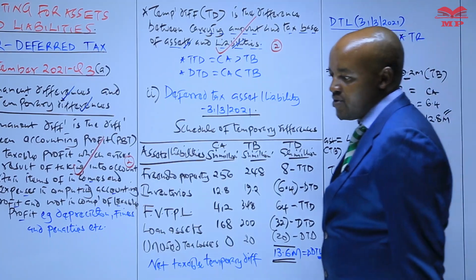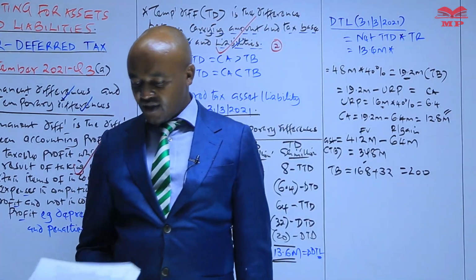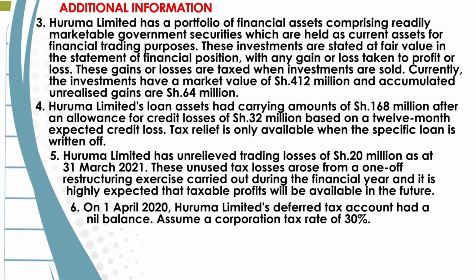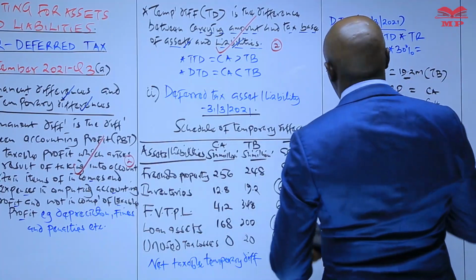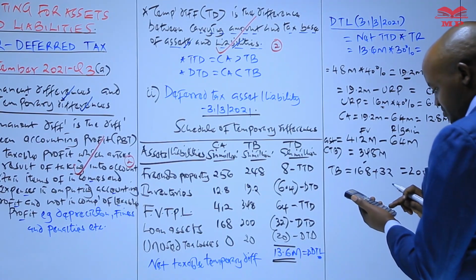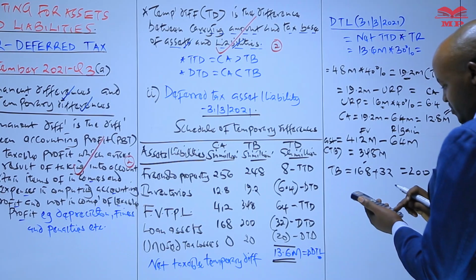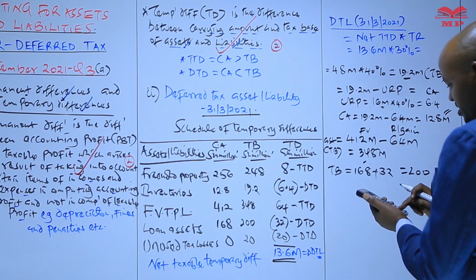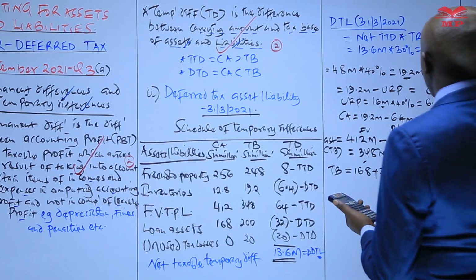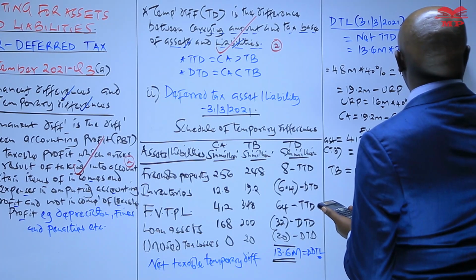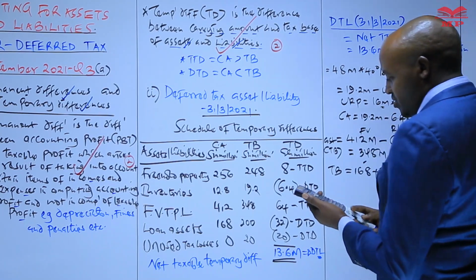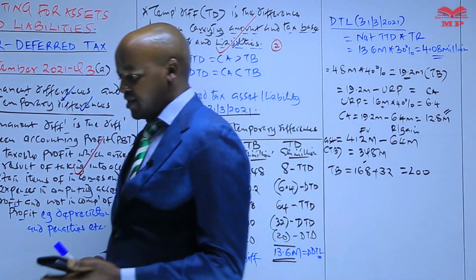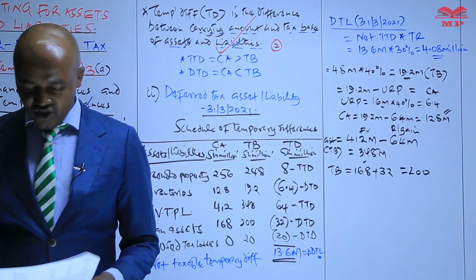If we go back to the information in note number 6, we are told to assume the corporate tax rate applicable to this company is 30%. So we get 30%, 0.3 times 13.6, which will give us 4.08 million. So this is now the amount of the deferred tax liability at the end of the year.